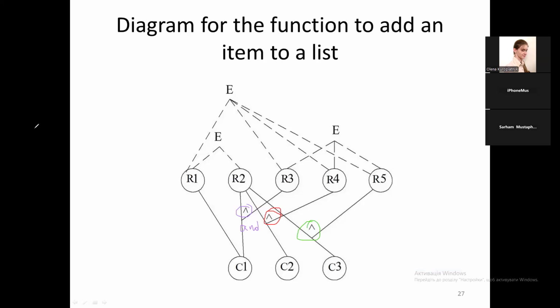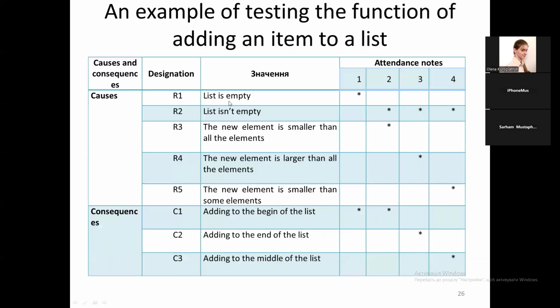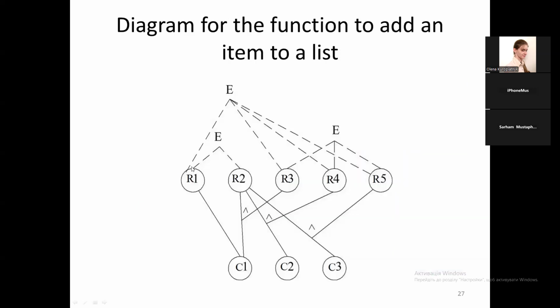And you can see the additional designation for reasons. There are some exceptions for reason 1 and reason 2. Look here. Reason 1, reason 2. List is empty. List isn't empty. One list can't be empty and not empty. For this reason, we have an exception situation.